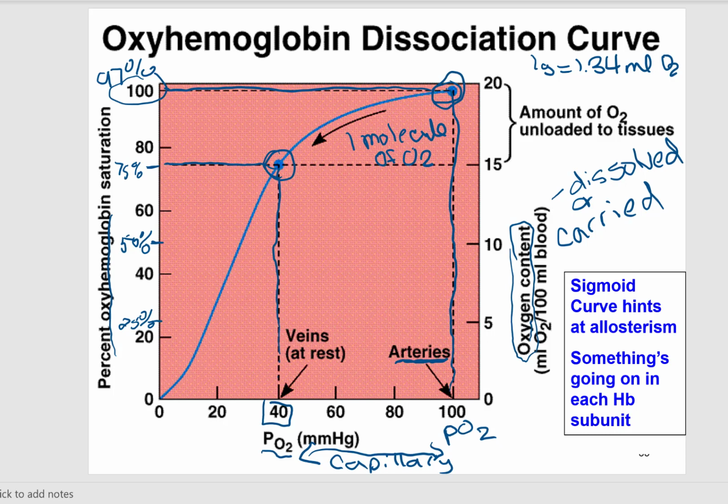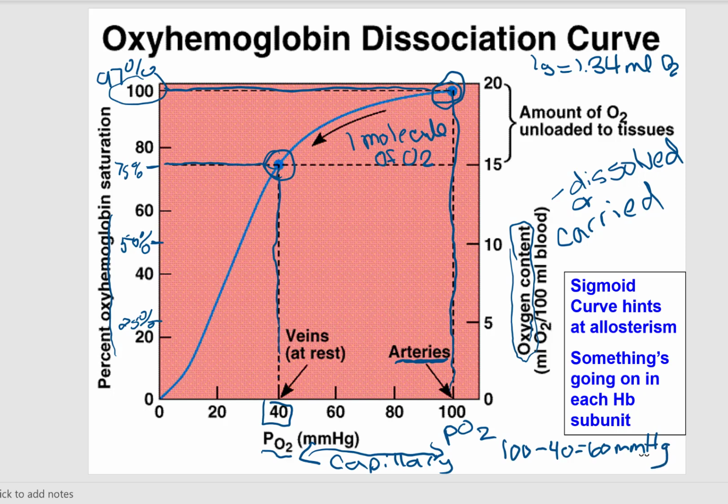Now, we could ask ourselves, what was the change in partial pressure that was required to lose this one molecule of oxygen? Well, 100 minus 40 is 60 millimeters of mercury.